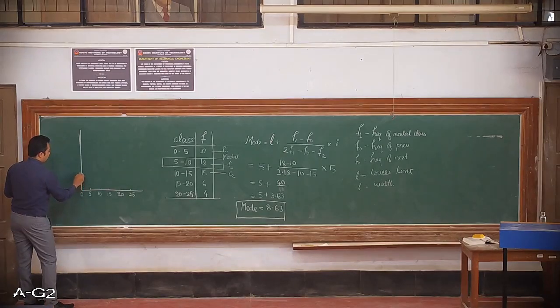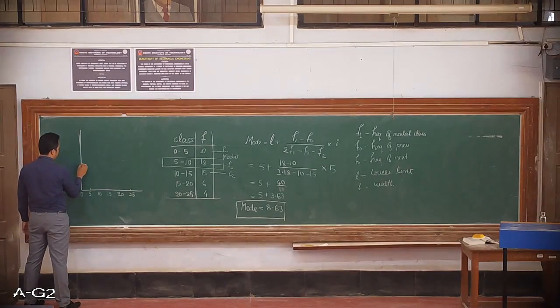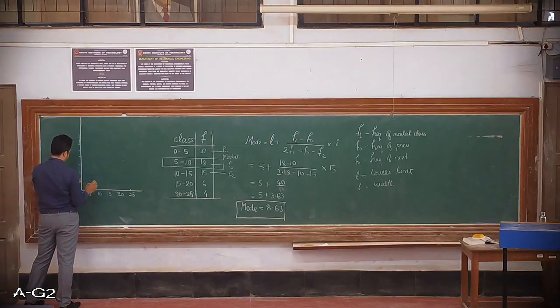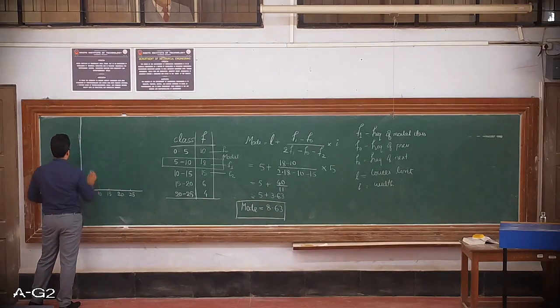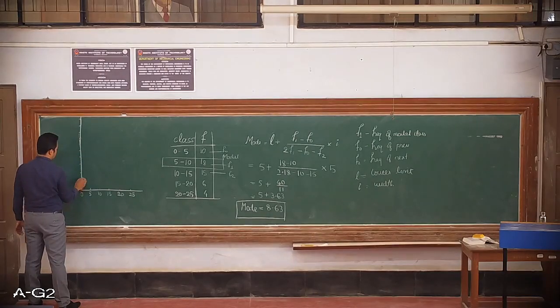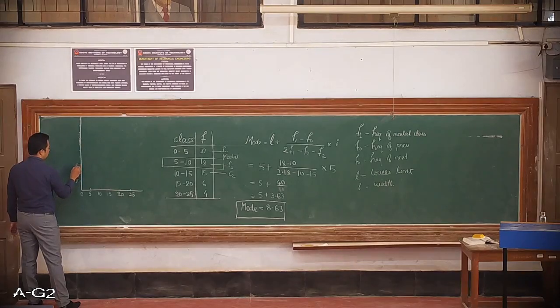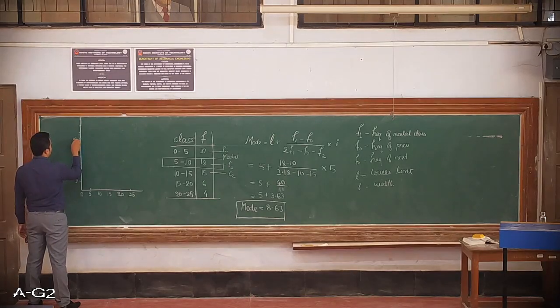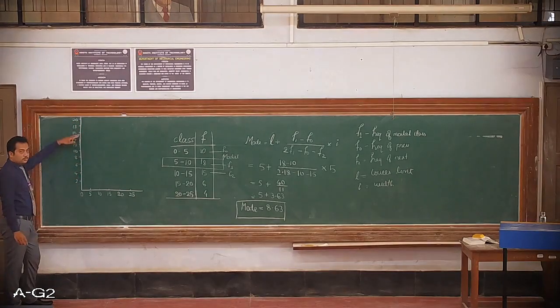So if I consider 1 centimeter for a frequency of 2, so these are my frequencies on the y-axis with 1 centimeter considering the frequency 2.